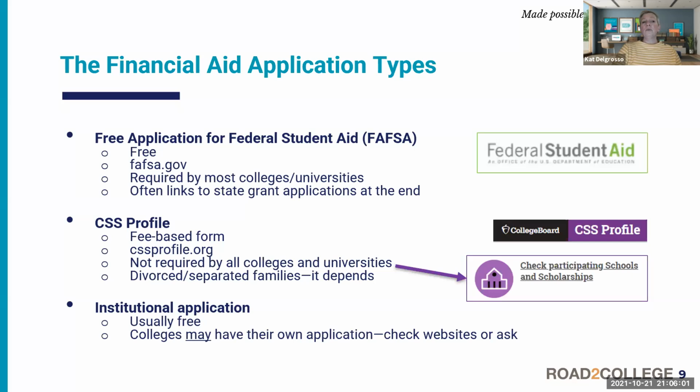Most schools will require the FAFSA. We're talking like 99% of the schools that participate in the federal aid programs are going to require that nationwide. It's free. The website is fafsa.gov. And it often links to state grant applications at the end. So you'll want to make sure to do the FAFSA regardless.